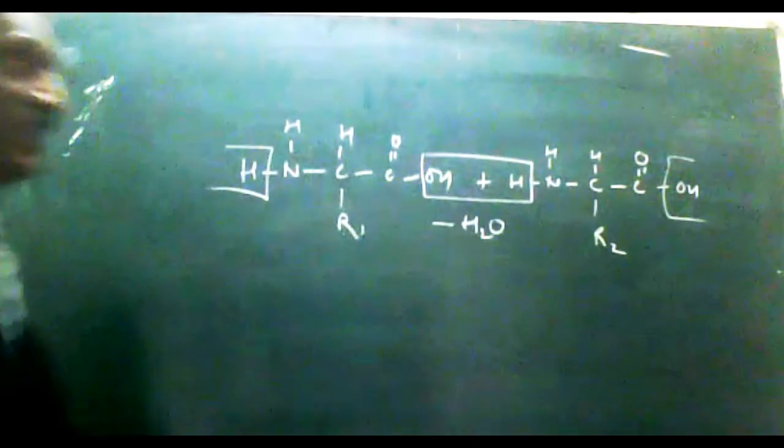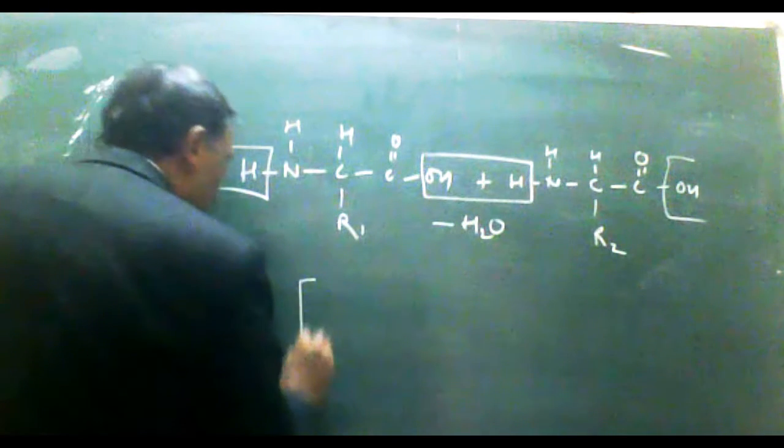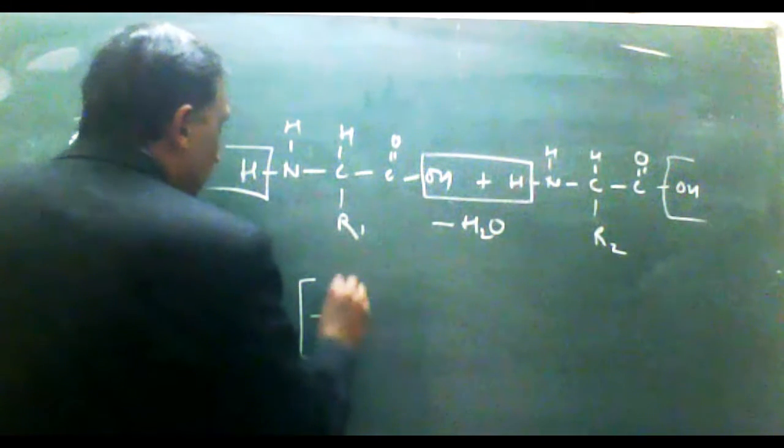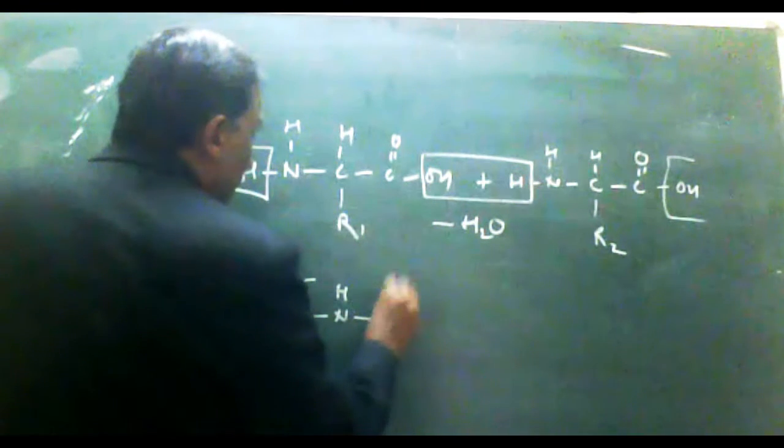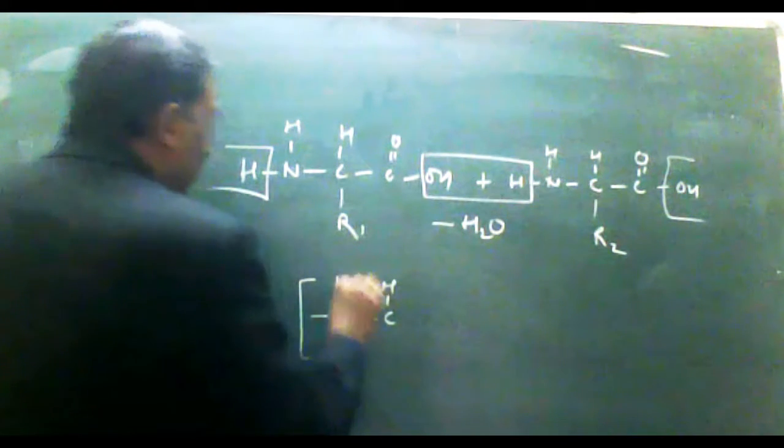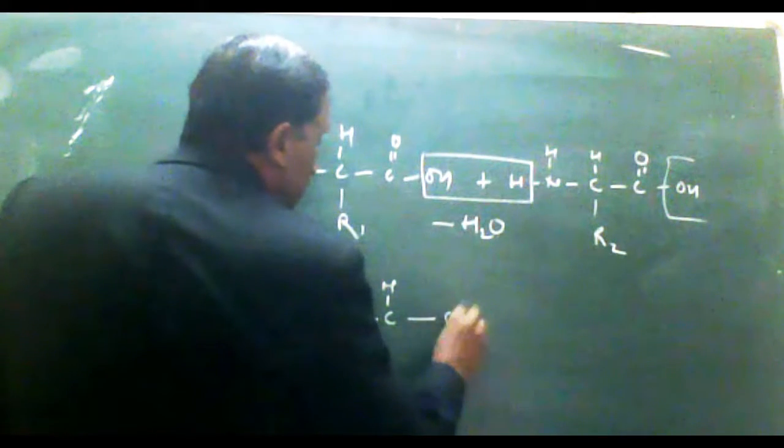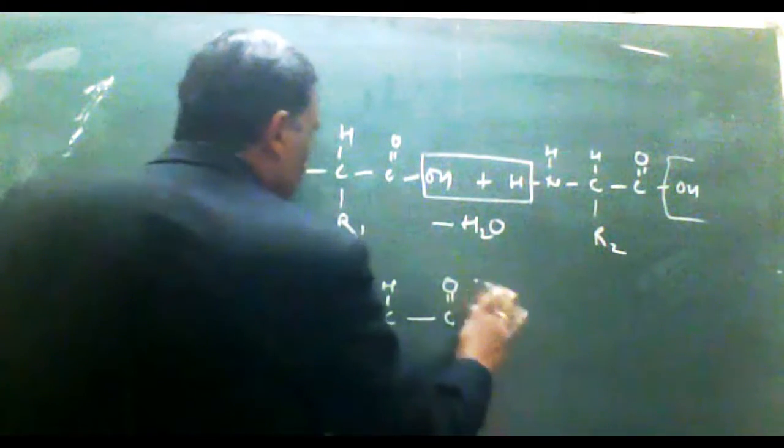Similarly, this will join with someone else. This is joined with someone else. So one amino acid will have NH, CH, then CO, and then the second molecule: NH, CH, C double bond O, and here it was R2 and here it was R1.